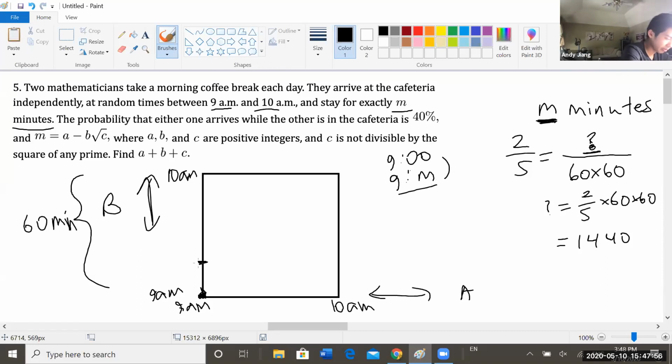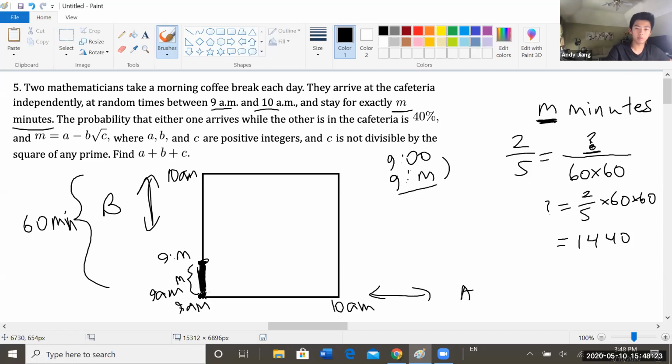And now let me assume that m looks something like that. So this time is 9 plus m. Why is this important? Well, person B has to arrive within this interval. So when A is at 9 a.m., then person B has to be between these 2 points.